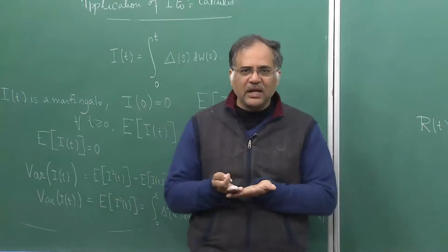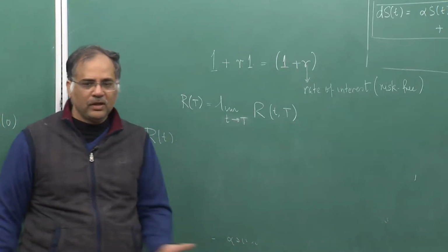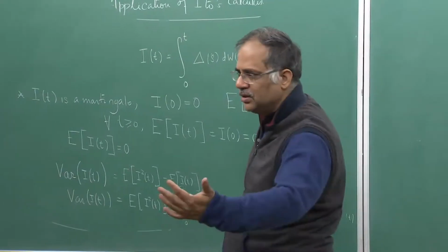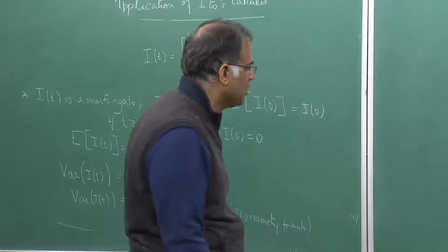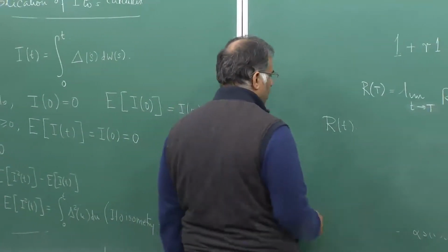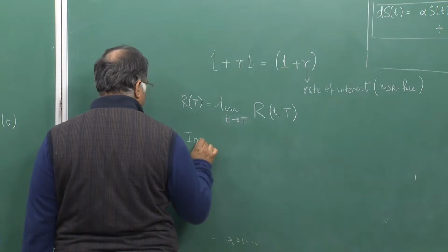But this rate of interest is random, it changes. You cannot say that today the interest rate is this and the next day it will be as you have decided. It will be based on the market, it will change. So r_t is called the instantaneous rate of interest.